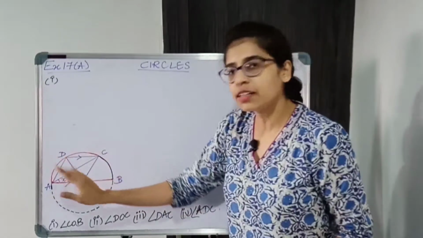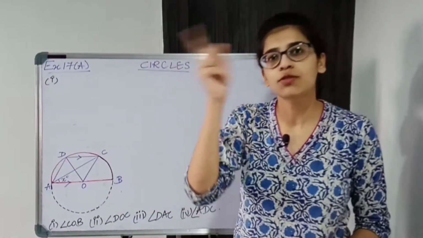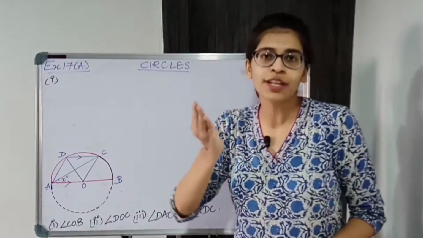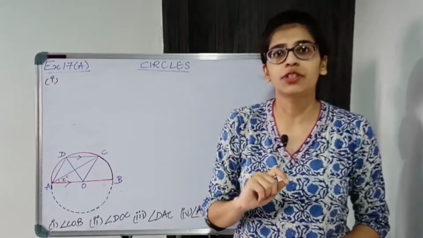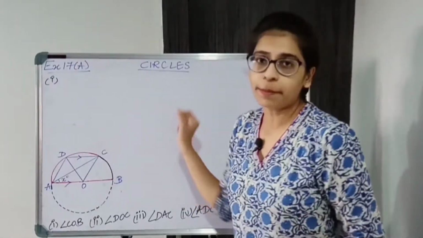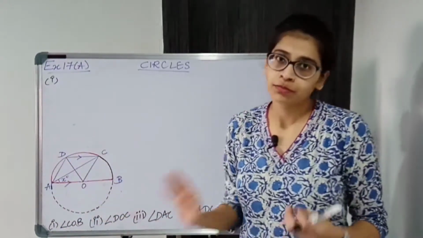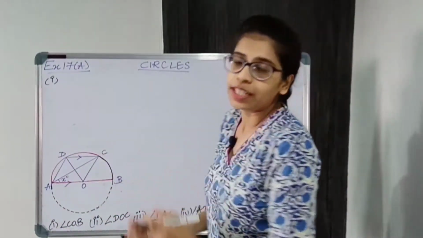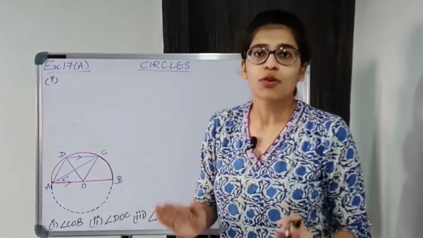But if you are getting confused, then I would suggest that you just draw dotted lines with a pencil so that you can consider the circle and then understand which angle is at the center and which is on the circumference. You will be able to understand the circle's properties if you know the entire circle. That is the only reason I have drawn this, but actually you don't have to draw this.